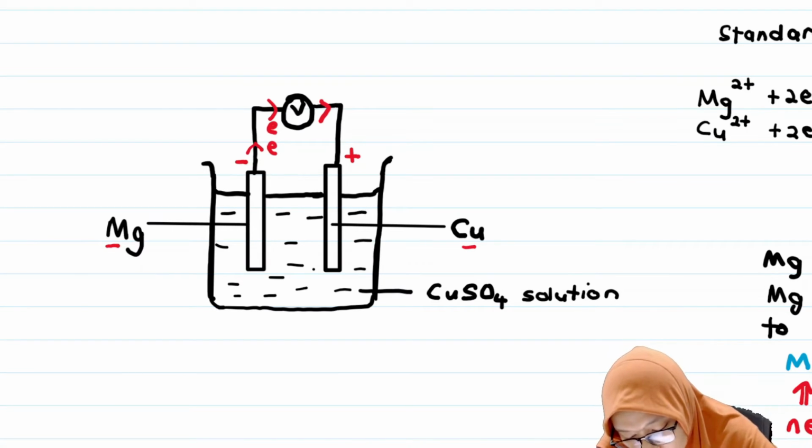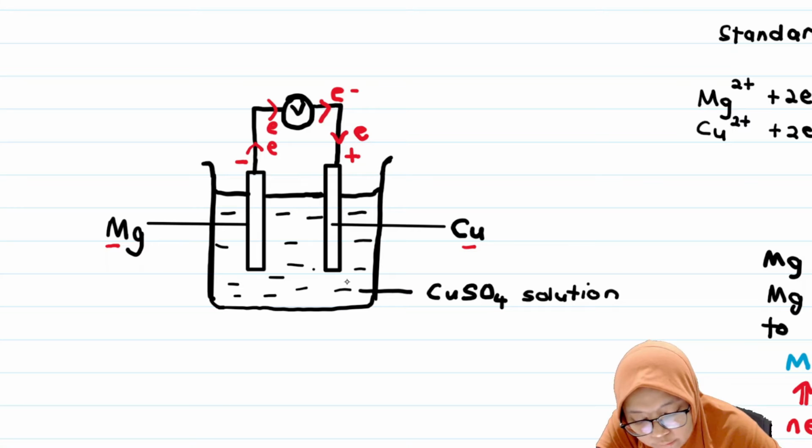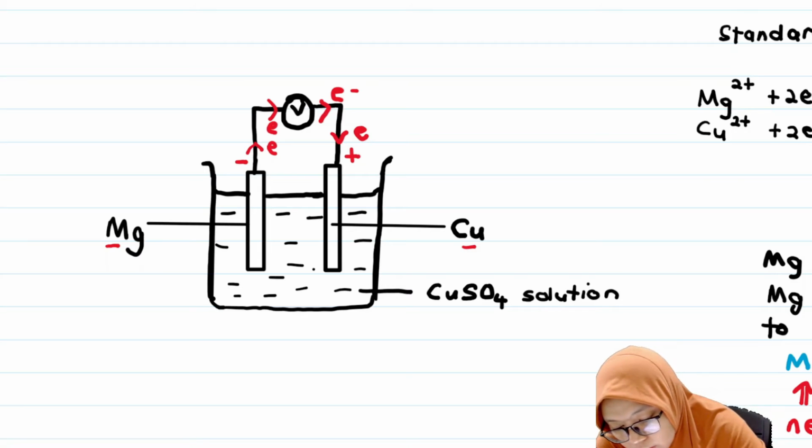The electrons will travel through the electrical circuit from the magnesium electrode to the copper electrode. And what happened at the copper electrode is that one of the ions that exists in the copper sulfate solution will accept the electrons.